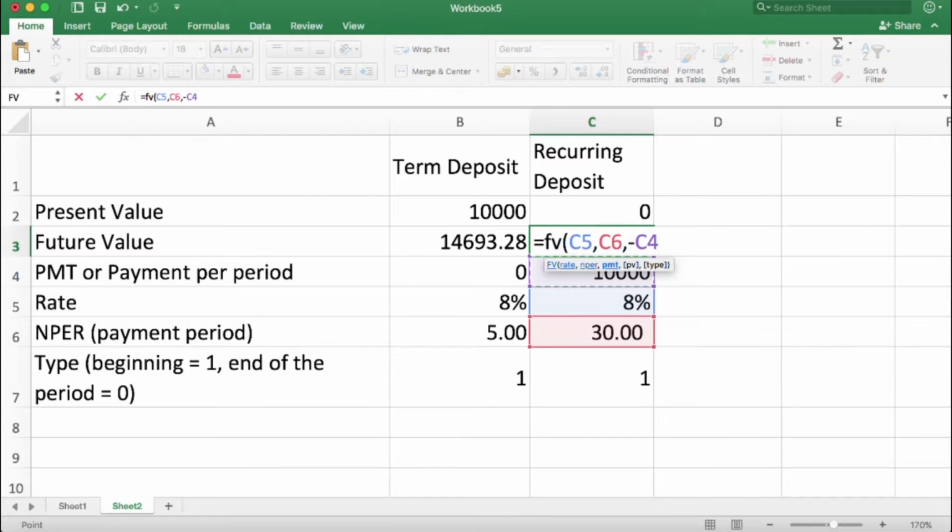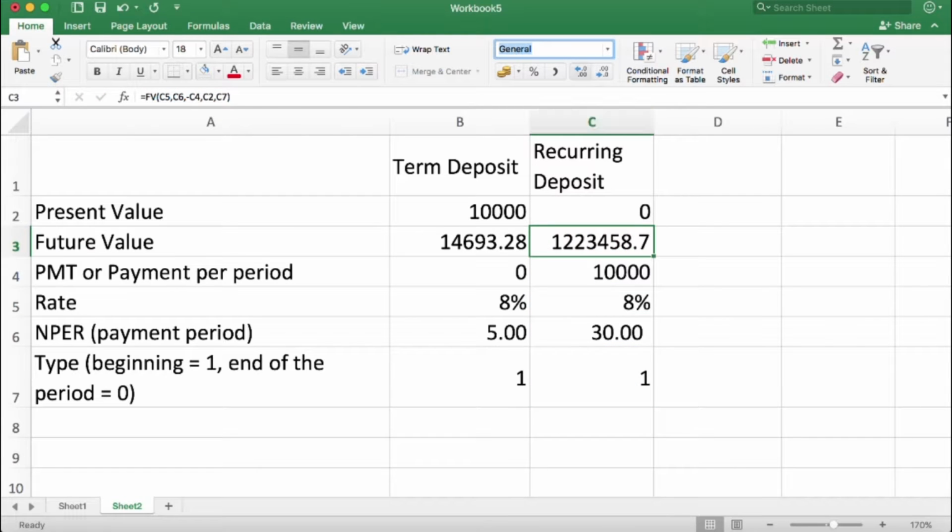PV is 0 and type is equal to 1. So, an investment of 10,000 per year for the next 30 years will give us 1,223,458.68, which is a fairly large amount. A small investment of 10,000 per year for the next 30 years gets you 1.22 million rupees.